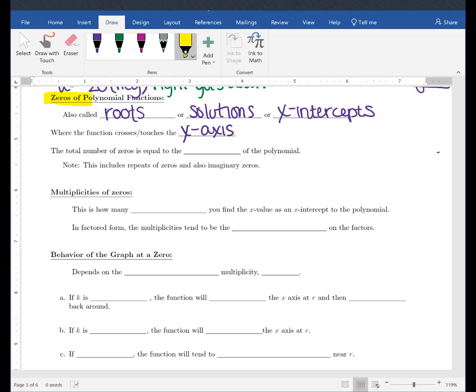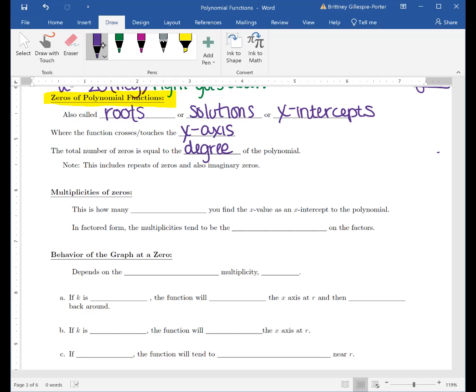And again, we're talking about zeros of polynomials. The total number of zeros is equal to the degree of the polynomial. But this includes repeated zeros and also imaginary zeros. The multiplicities, our next definition here.